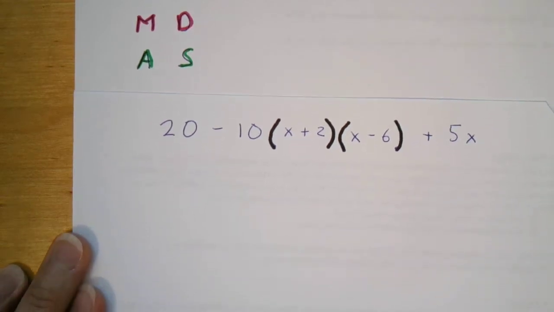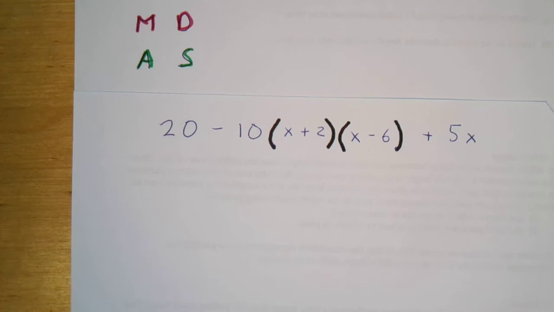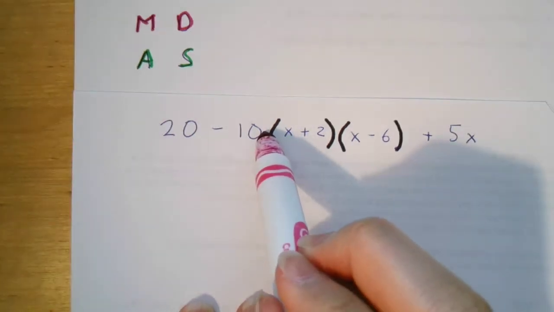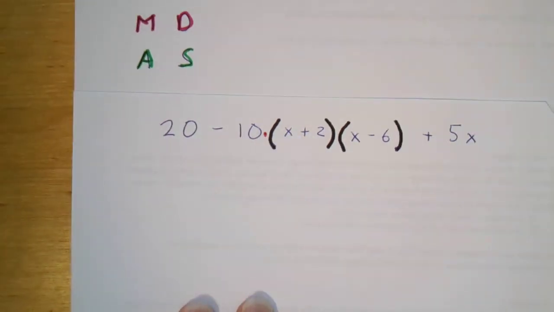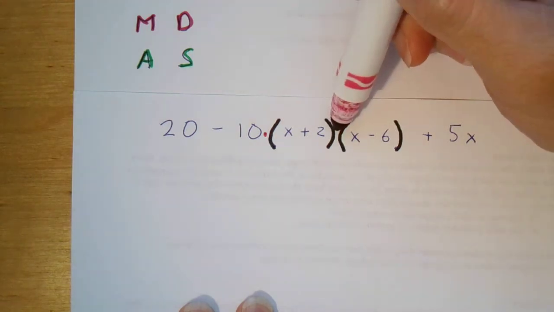So next I'm going to do multiply or divide. I see that there is a multiply right here, and there's a multiply in between the two parentheses.